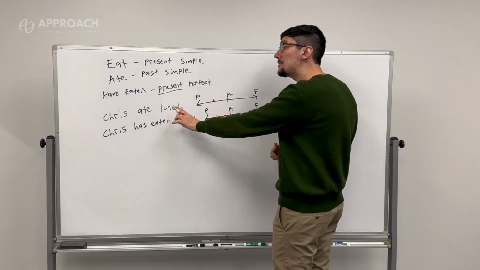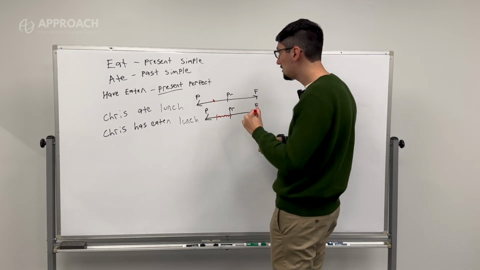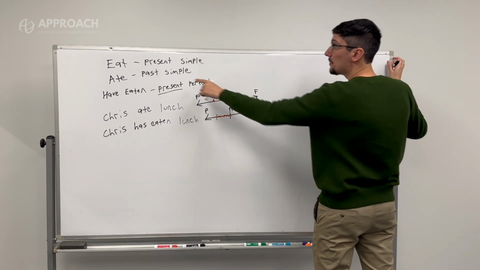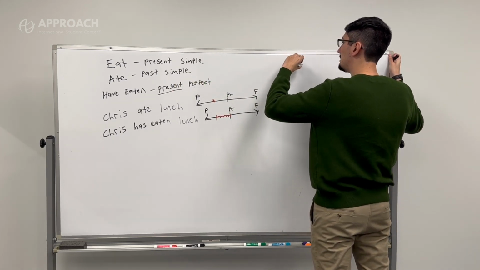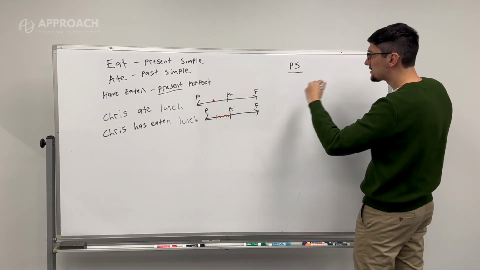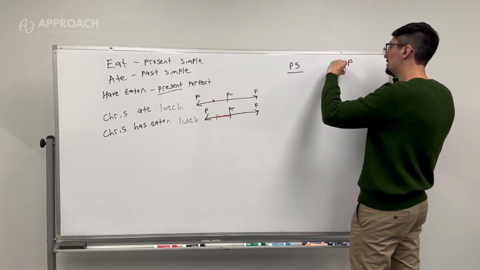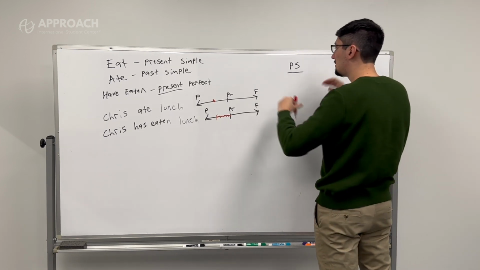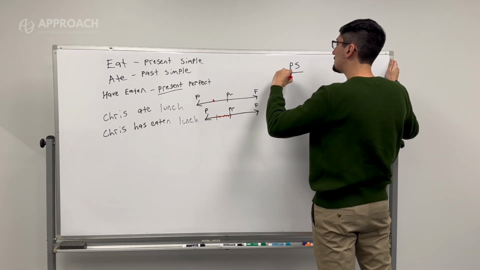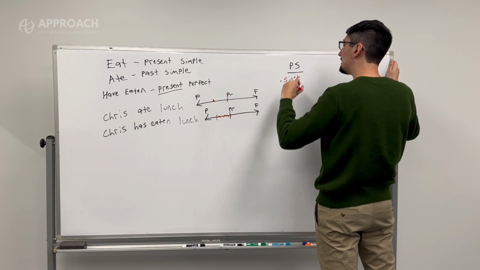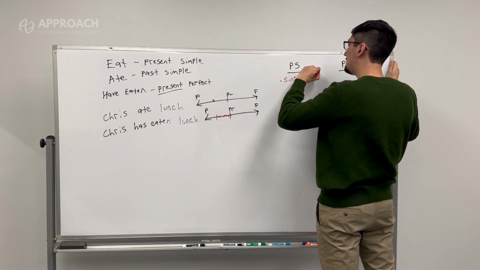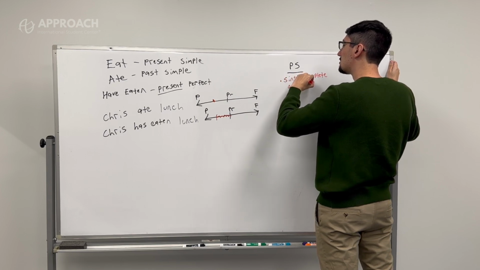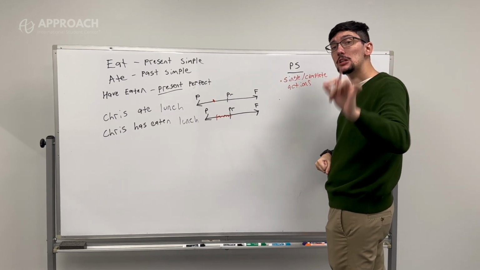difference. In the past simple, I can write this on the board actually, for the past simple and the present perfect, we can say that the past simple are for single, complete actions, and they finished in the past.